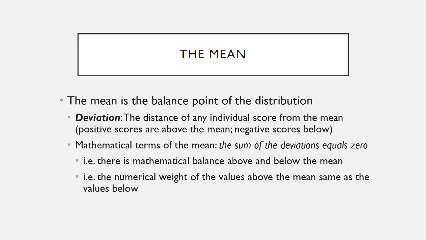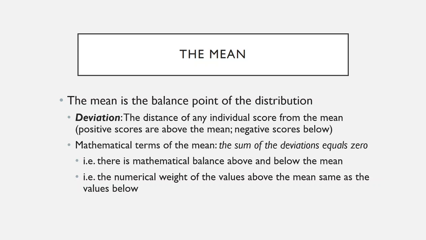If you were to sum up the deviation of every single data point in your distribution of scores, it will equal 0. This is what we mean by mathematical weight. There's a certain numerical weight of all of the positive scores above the mean, and that is necessarily symmetrical with the numerical weight of the scores below the mean.